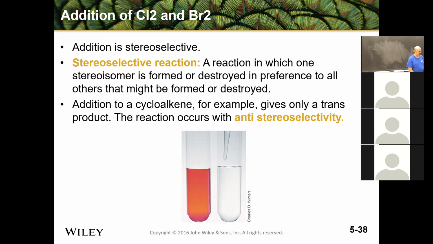One particular stereoisomer is formed or destroyed in preference to all others. In the addition to a cycloalkene, we only get the trans product, and so this is called anti-stereoselectivity.